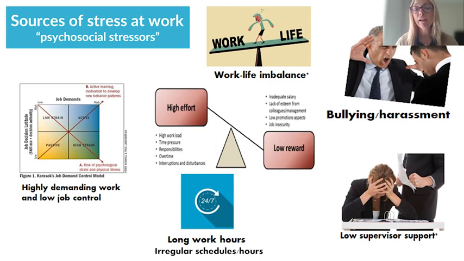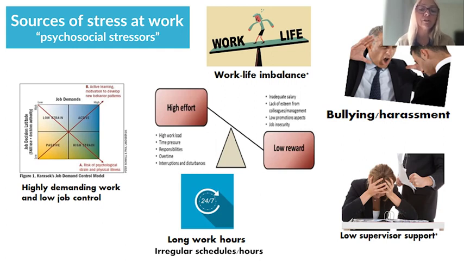Work-life imbalance is a major stressor in the sense of how our work life can spill over into our family life and cause conflict, which can cause stress, which has had an impact on people's mental health and well-being. Bullying and harassment, unfortunately, in the United States, workplace bullying has reached somewhat epidemic proportions.